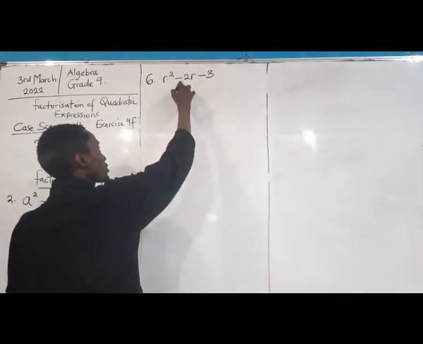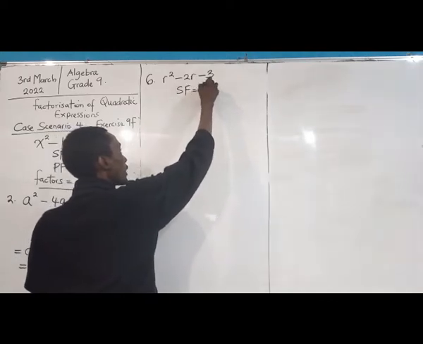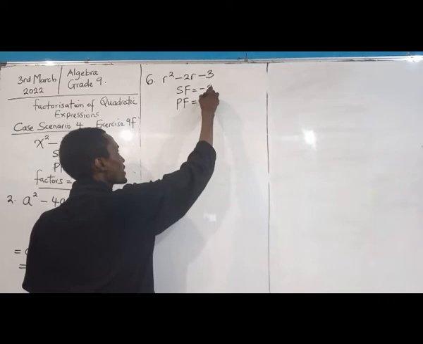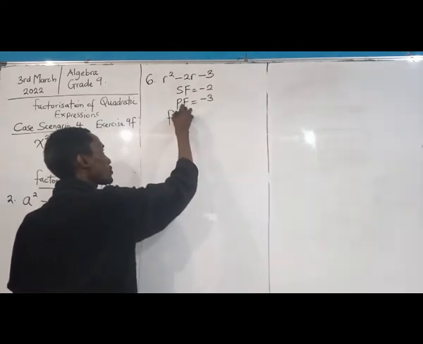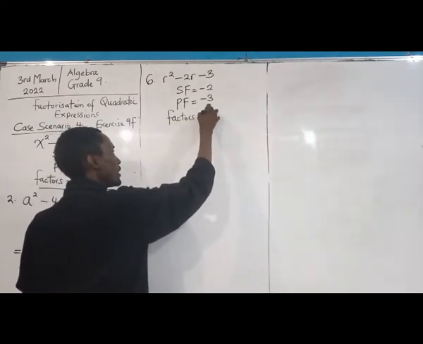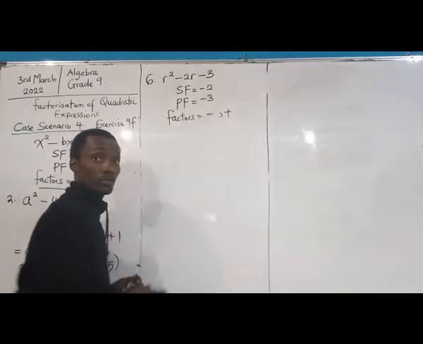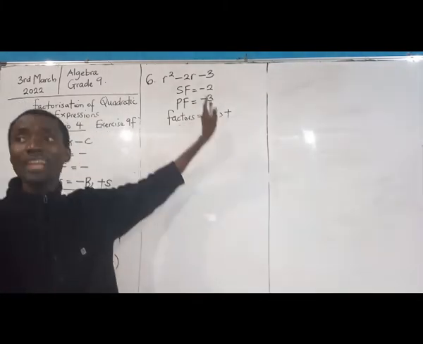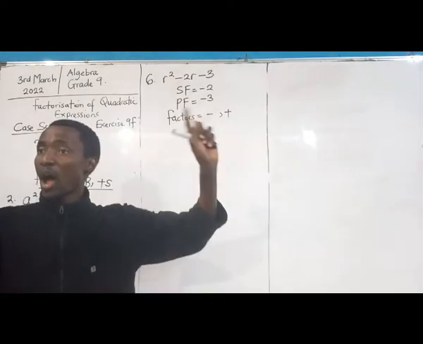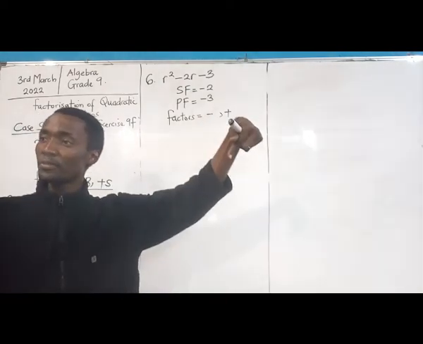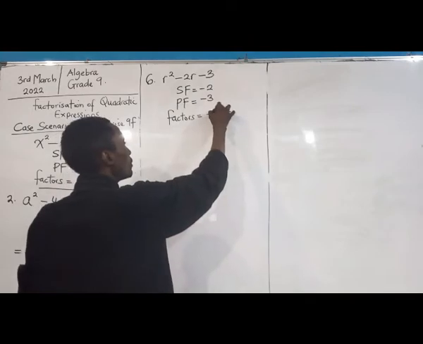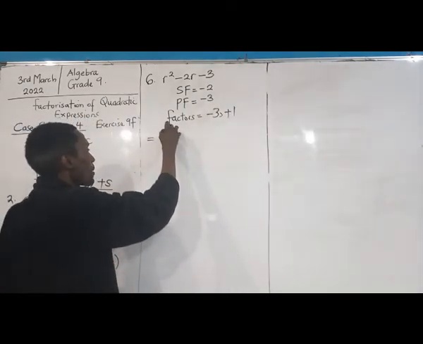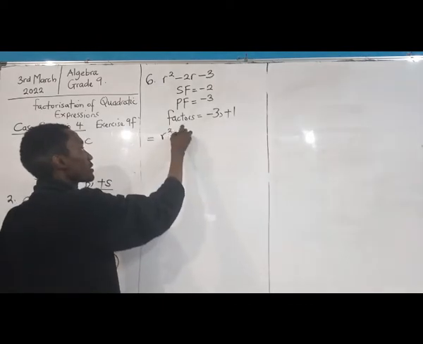So we start by saying sum of factors, negative 2, product of factors, negative 3, factors being negative and positive. Remember, now because we look at 3, what are the factors of 3? 3 and 1. Which one should be negative? 3. Beautiful. We just come here. Then remember that you must write the negative first.